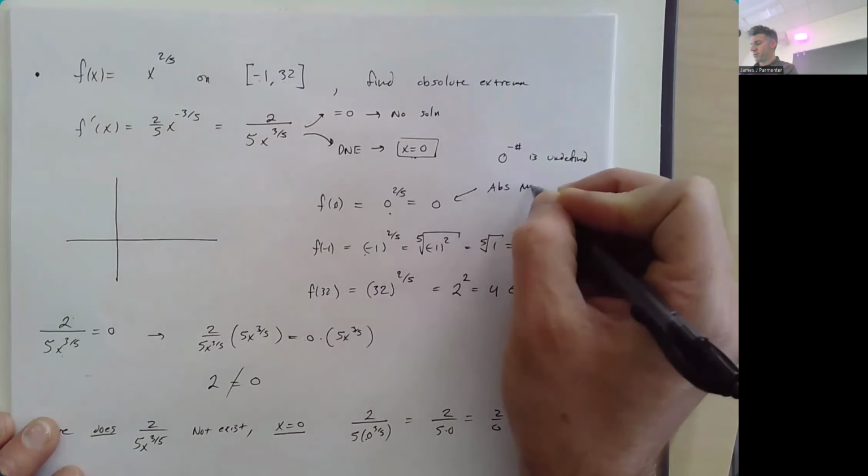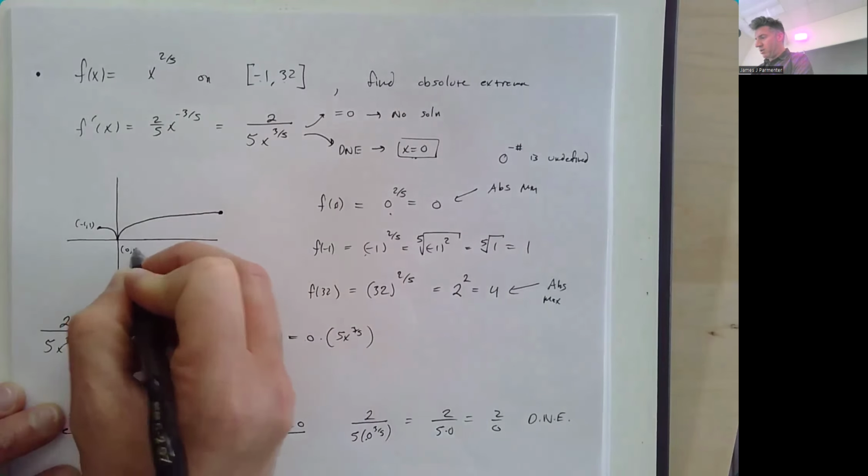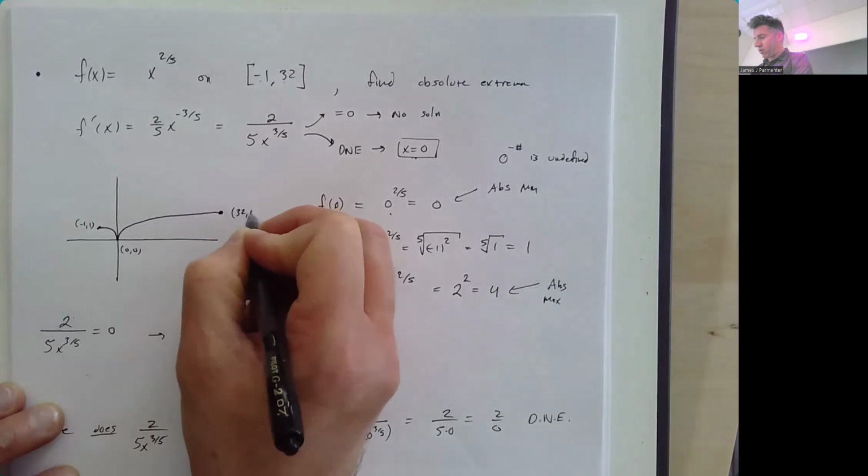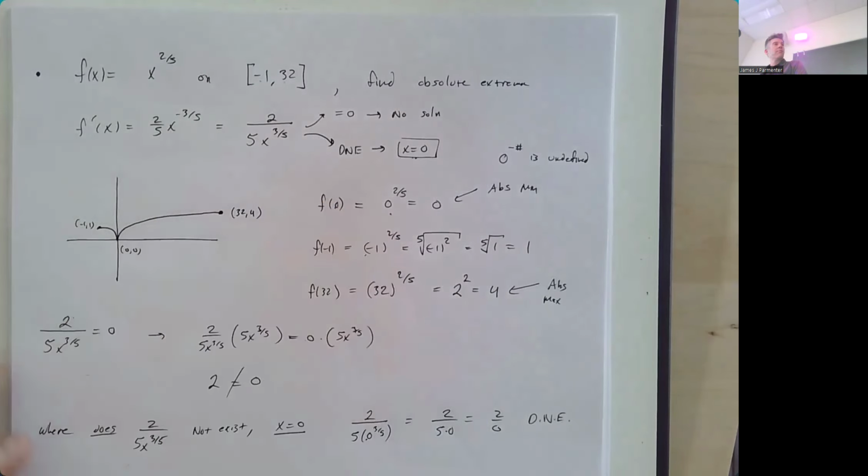So it's going to be very sharp here, like that. So you've got -1, 1, you've got 0, 0, and you've got 32, comma 4. There's your max, there's your min. The function is totally defined at 0, but not differentiable at 0.